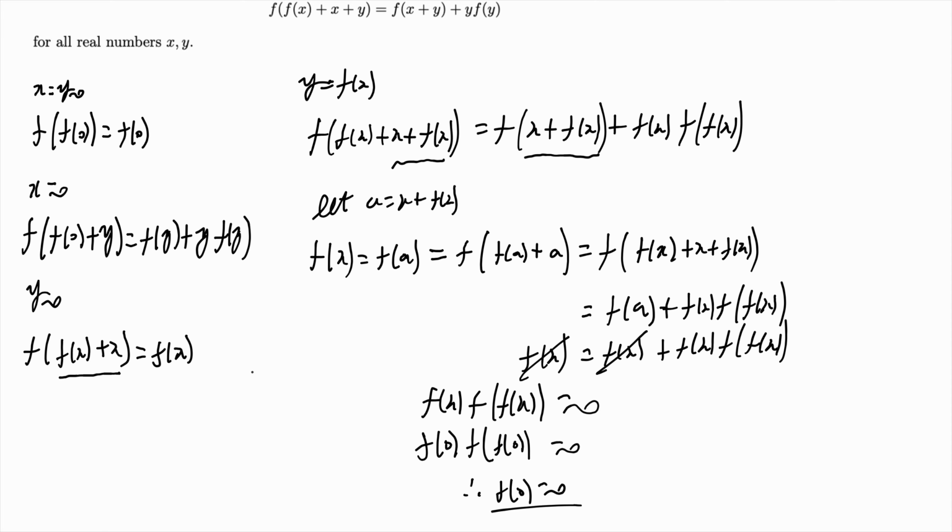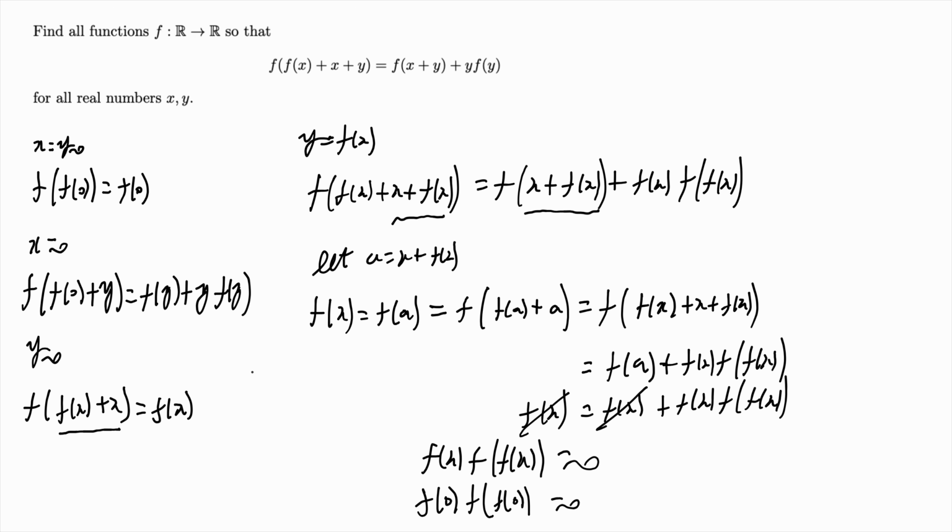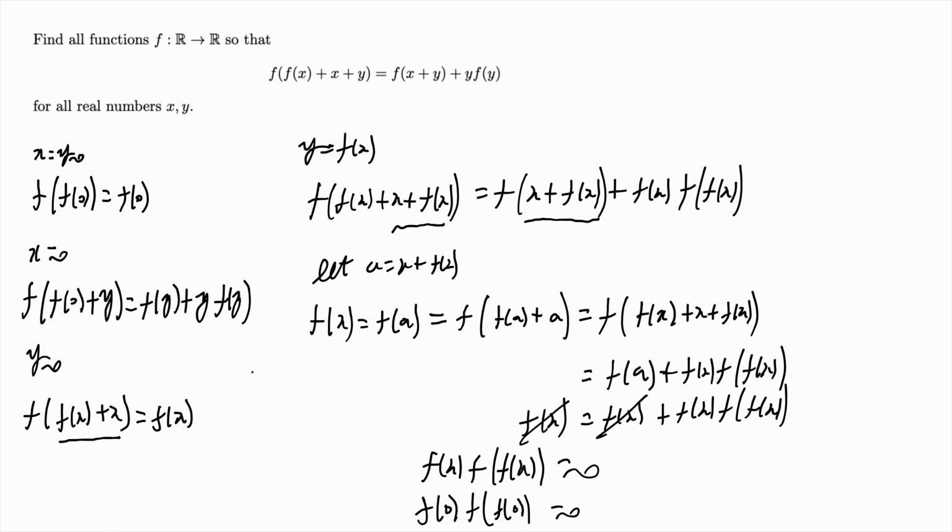And I think this problem is really interesting in that it reminds us that it's really important to look at the basic steps first: substituting x, y equals 0, x equals 0, y equals 0, y equals f(x), because those are the only things that we did, except for noticing this pattern.